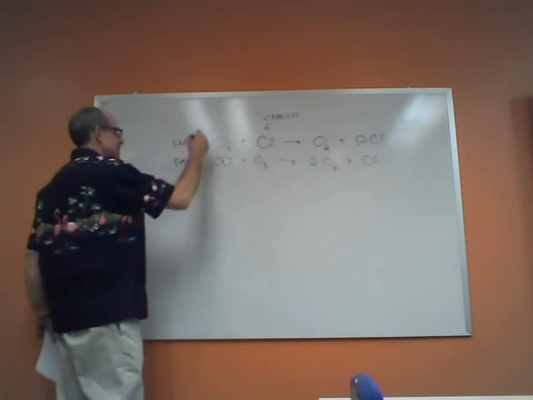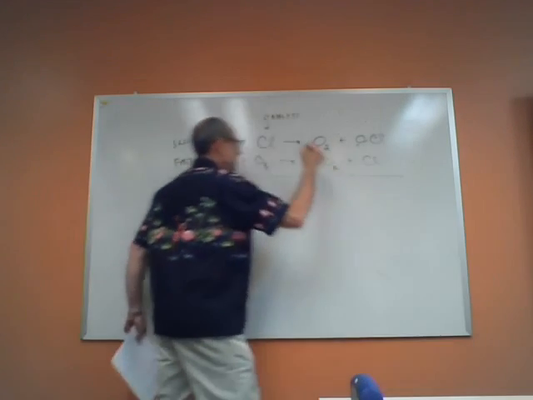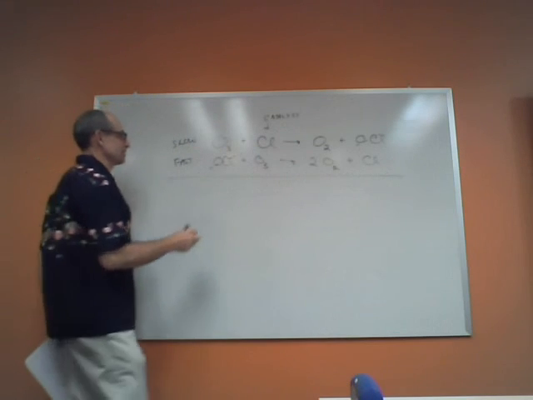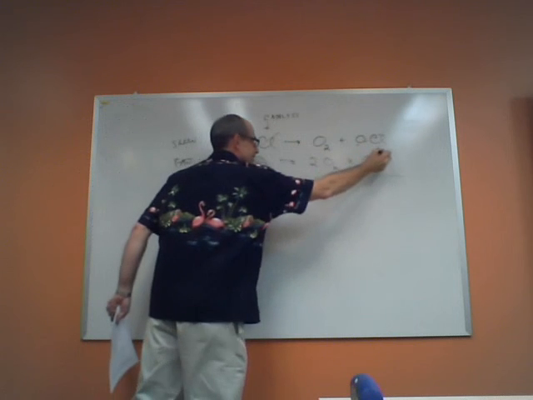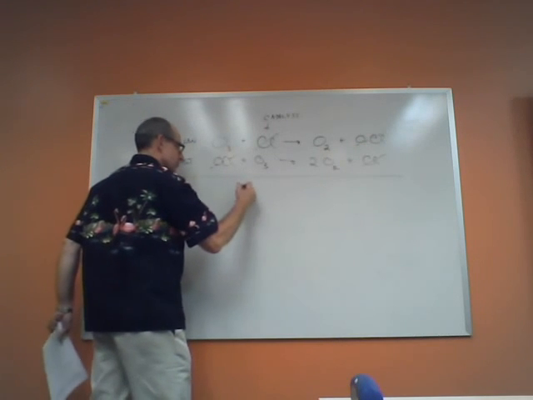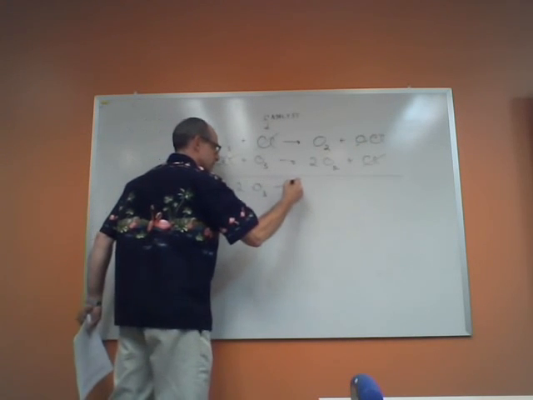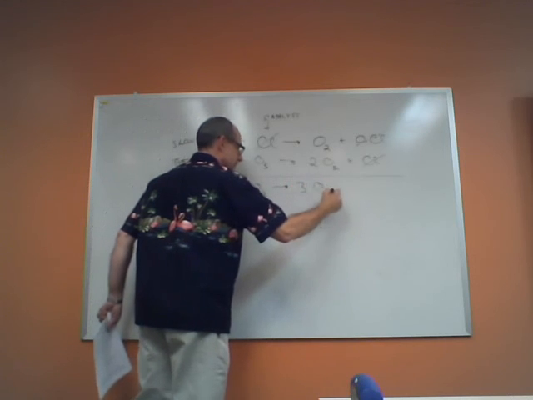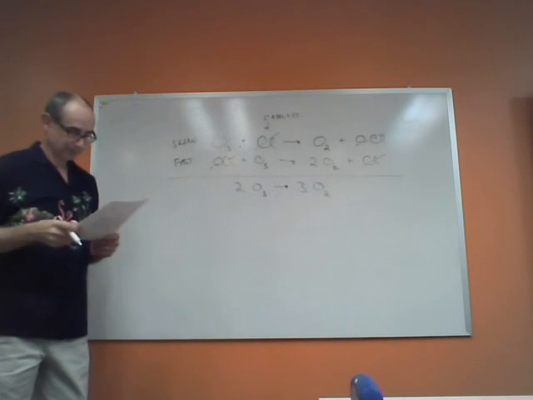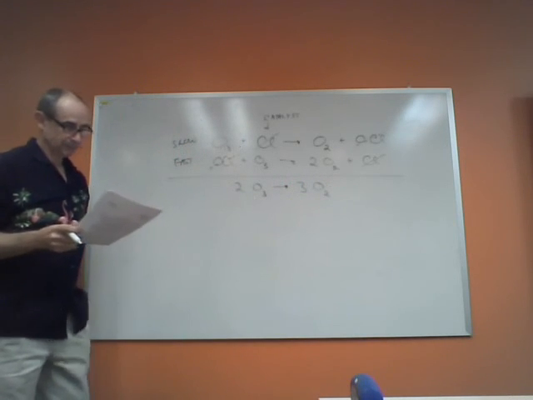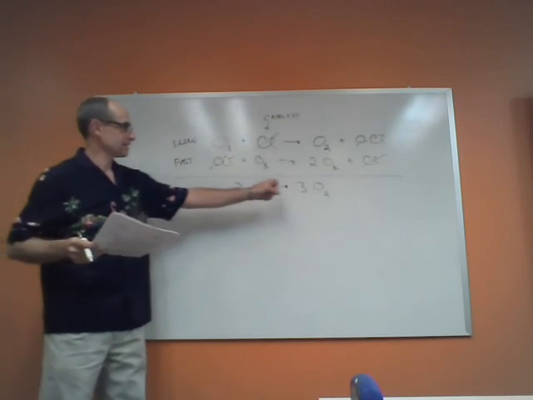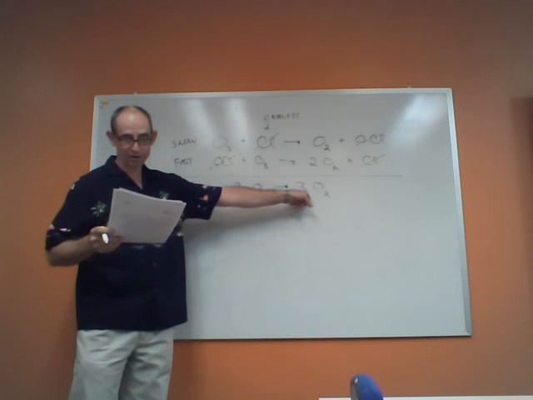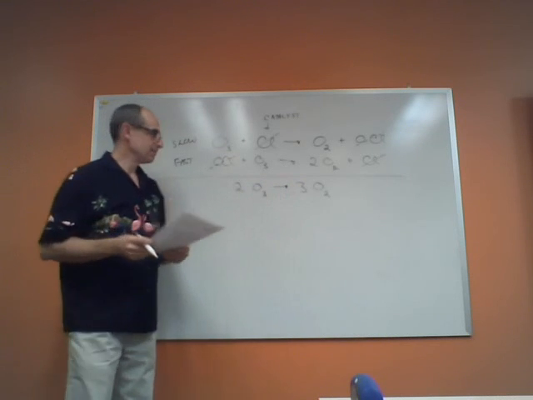If we now combine these two steps into the overall reaction mechanism, well, the reactive intermediates cancel, so do the catalysts, and we have 2O3 going to 3O2. And that would be the overall balanced equation showing that ozone is being degraded into regular old diatomic oxygen.